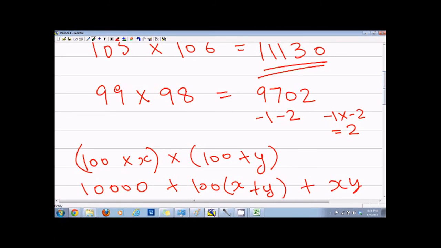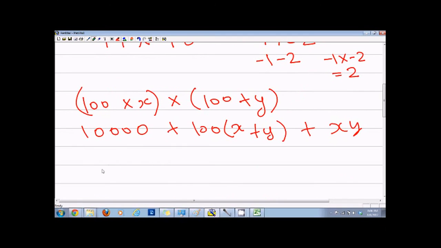If you look closely at this equation, my trick was very similar to it. I was adding two numbers together and then I was multiplying two numbers together. However, when I add the numbers together, I add them at the hundreds place, and when I multiply them together, I add them at the first place.